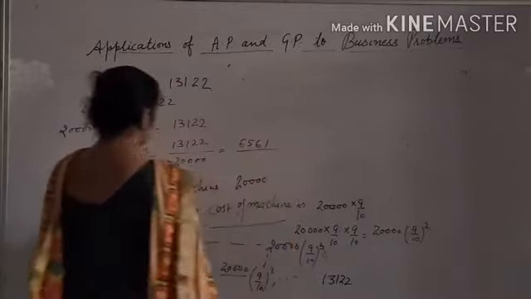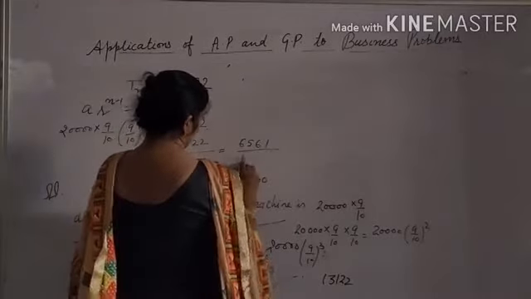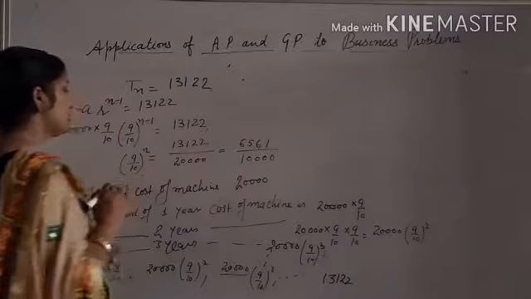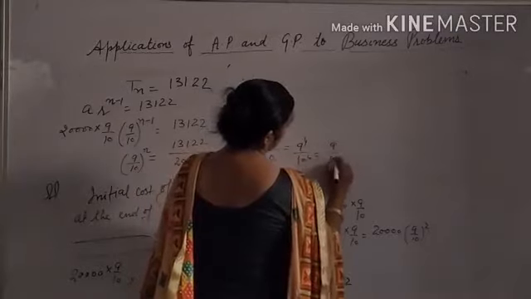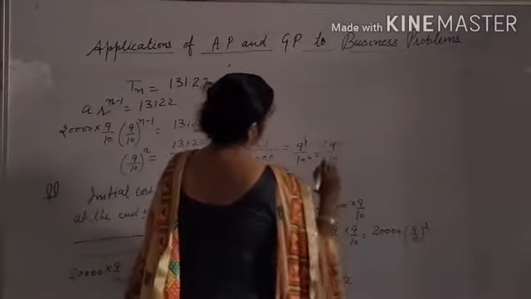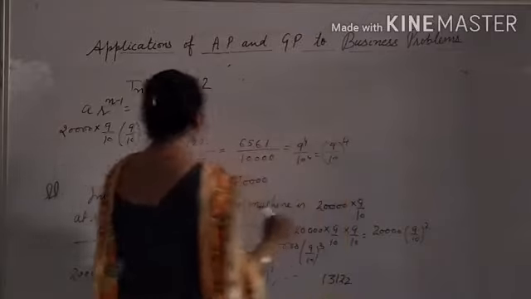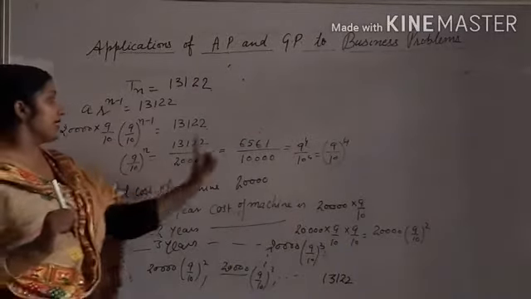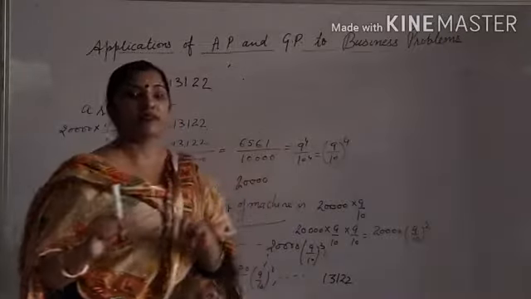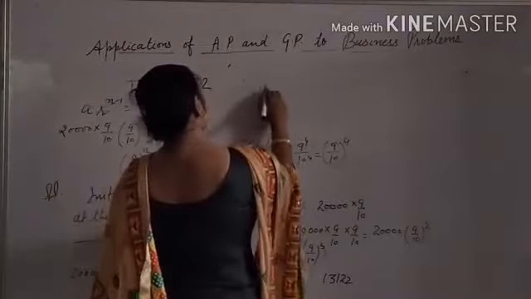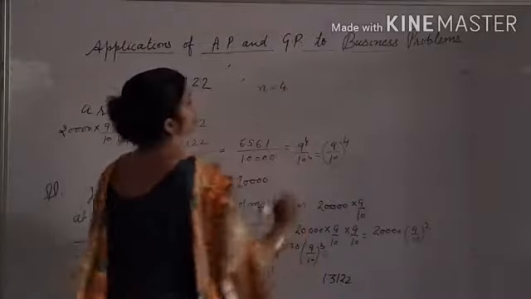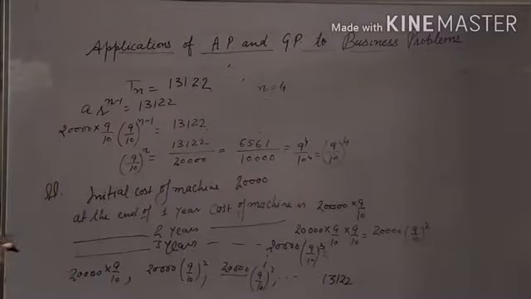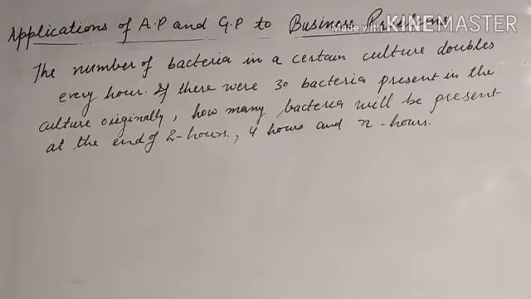Dividing like this, you can say it is (9 by 10) raised to the power 4. Now (9 by 10) raised to the power n is (9 by 10) raised to the power 4. So comparing both sides, n is equal to 4. So the life of the machine is only 4 years.